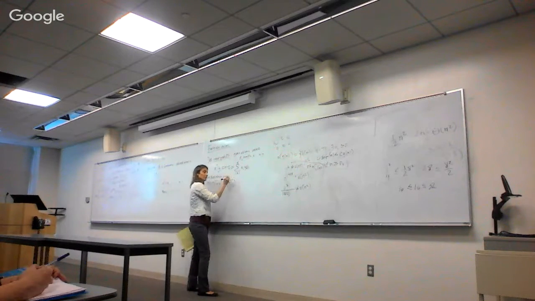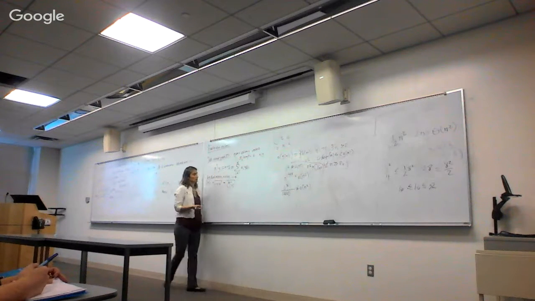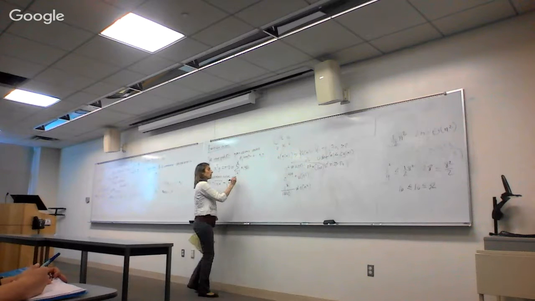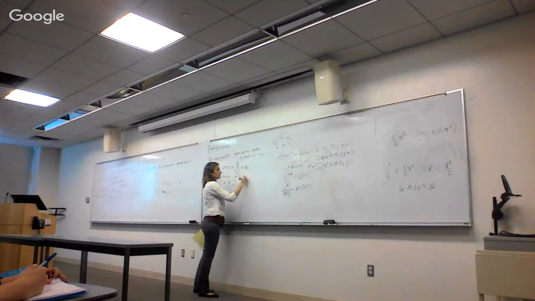This has a geometric interpretation. What is the geometric interpretation of the Euclidean norm of a point x? Yep. So think of x as a vector.